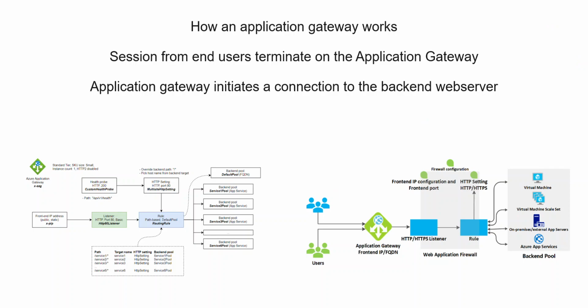What I was talking about is the front-end IP. If you see the backend pool, the virtual machine and the other servers, if the application gateway is using the front-end public IP to reach the server, and if there isn't a front-end public IP address, one is assigned for the outbound external connectivity.